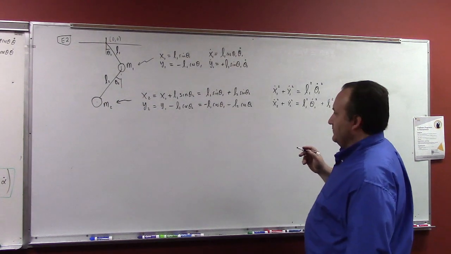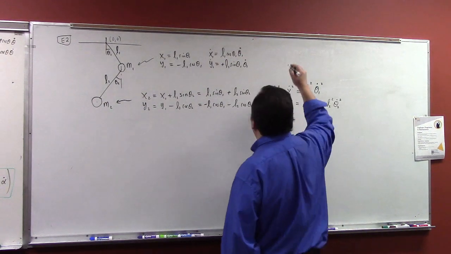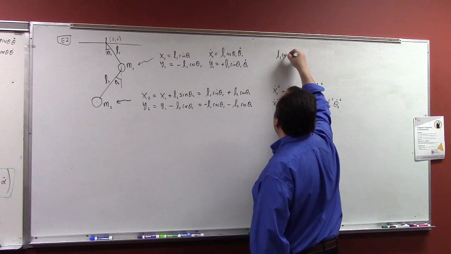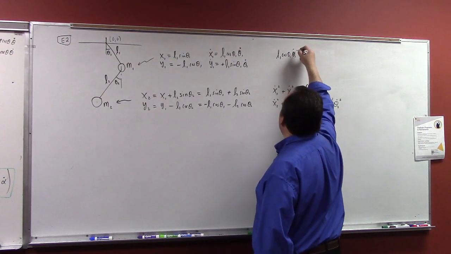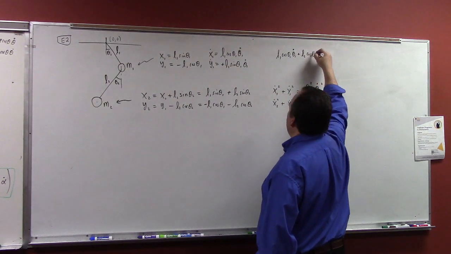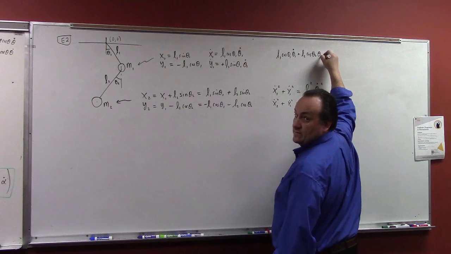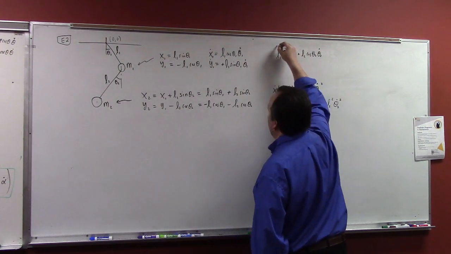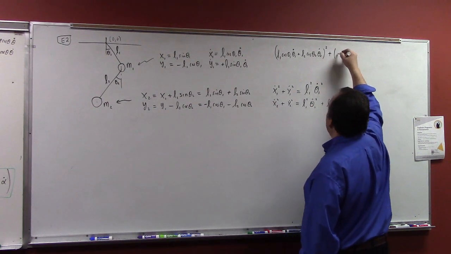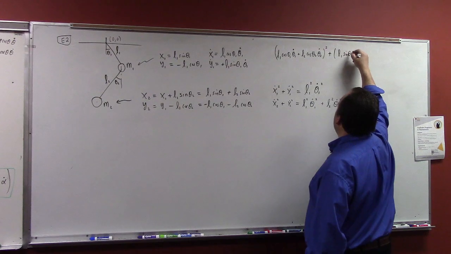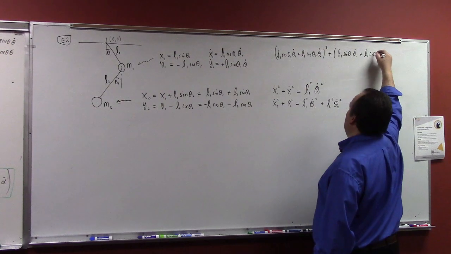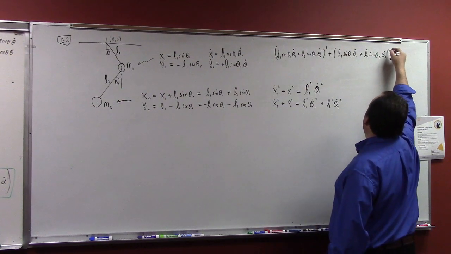Because I'd have, I was trying not to write all this out, L1 cosine theta 1 dot plus L2 cosine theta 2 dot. That's my x2 dot. I square that thing and I add it to y2 dot squared, which would be L1 sine theta 1 dot plus L2 sine theta 2 dot.